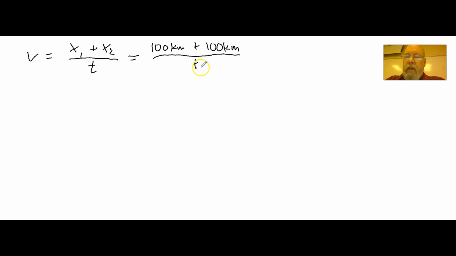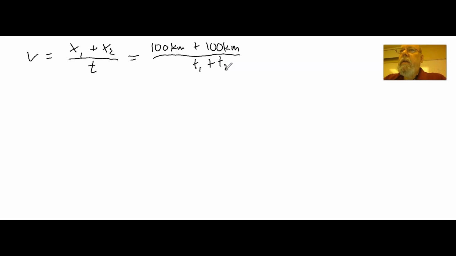We're going to say that this is T1 plus T2. I need to find out how much time the first part took and how much time the second part took. That's actually what this problem is all about. I know what the displacement is, and I need to find the amount of time that each part of the trip took.